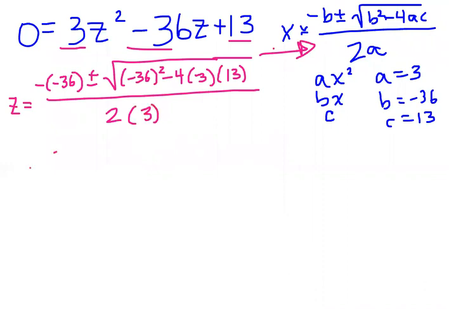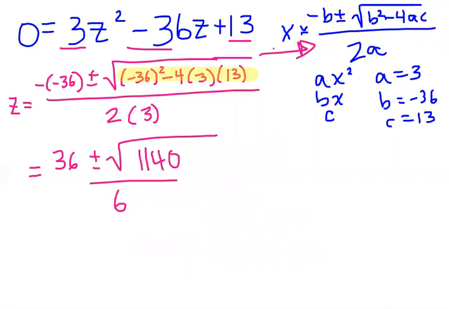All right, so clean up. We've got a positive 36 plus or minus the square root of negative 36 squared minus 4 times 3 times 13, which comes out to be 1,140, all over 6.